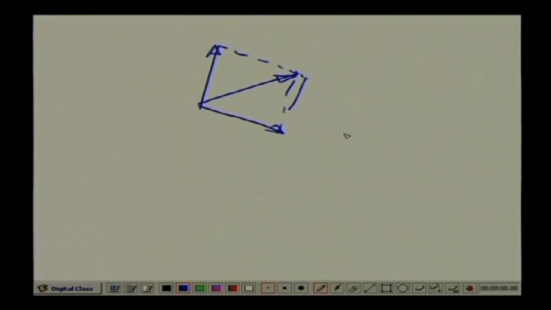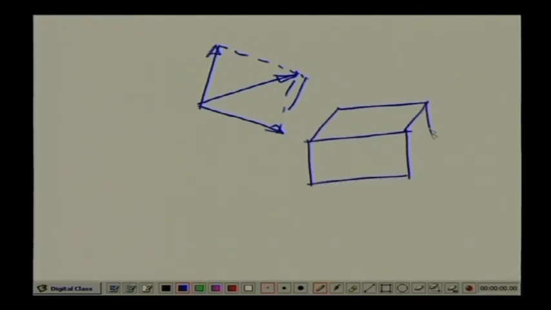Or if we are talking about forces or stresses in 3 dimensions, if we look into this parallelepiped, the forces acting in the x direction, or the stress acting in the x direction, in the y direction and the z direction, the resultant of this must be acting through the diagonal of this parallelepiped, and this is the resulting stress of all these stress components.